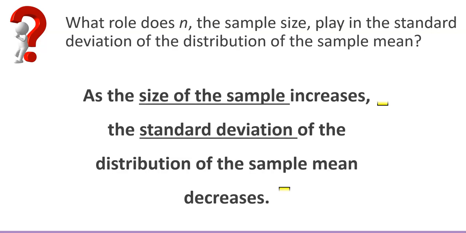And this is how it works. As the size of the sample increases, the standard deviation of the distribution of the sample mean decreases. So as we increase the sample size, we'll see less and less variability in the sample means. They're going to be less and less different from each other.